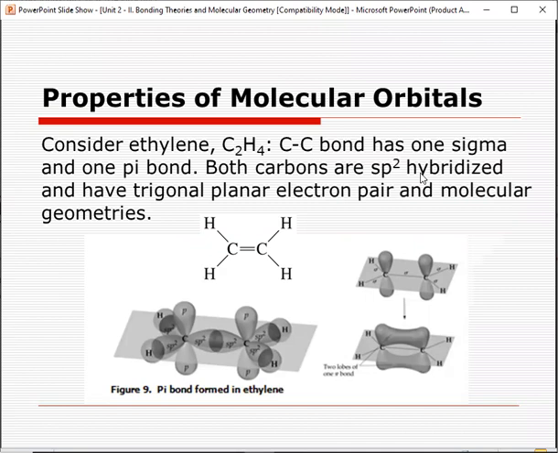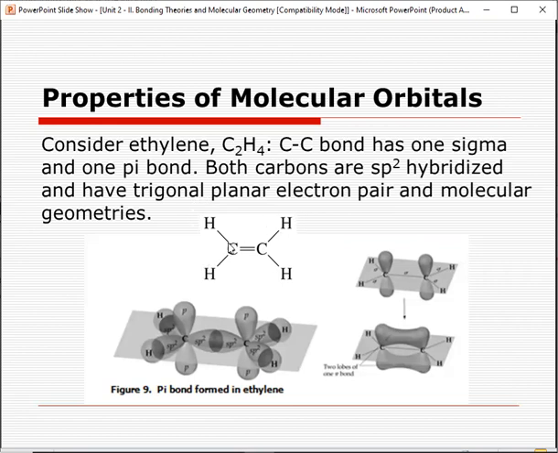So example is ethylene or C2H4. The CC bond has one sigma and one pi bond. Both carbons are sp2 hybridized and have trigonal planar electron pair and molecular geometry. So kung kanilang, this is trigonal planar yung geometry.